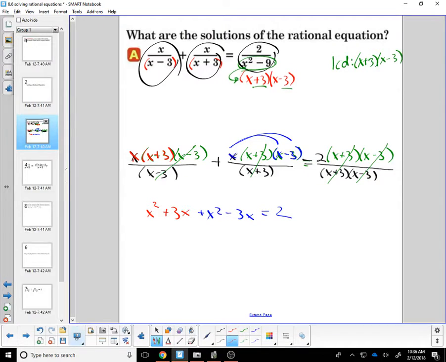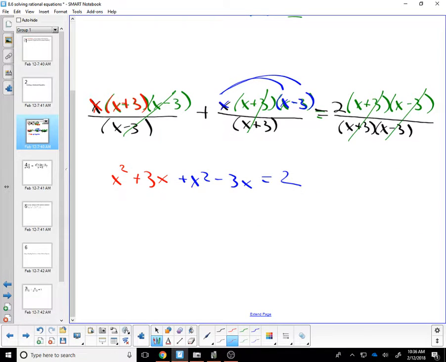What should I do? What's your instinct here? What should I do at this point? Before I even solve it, because that's the process, right? What should I do? Yeah, do some combining, right? So let's see here. This x squared and this x squared gives me 2x squared. This and this, oh, I've been dying to use it. They cancel out. They're gone.